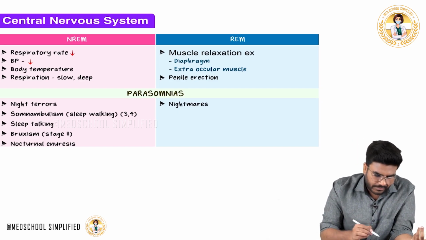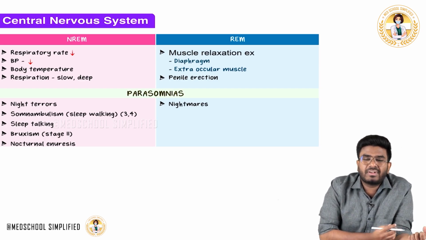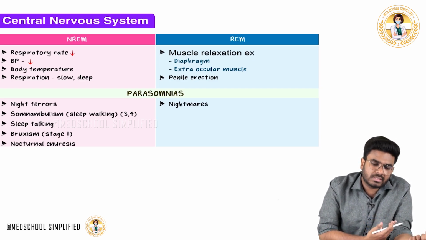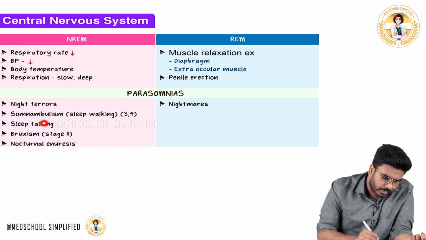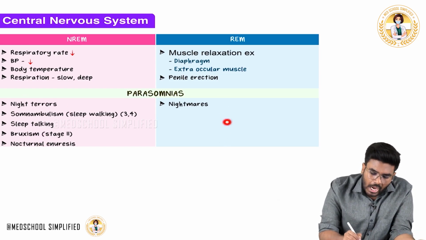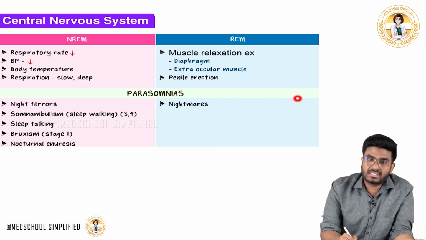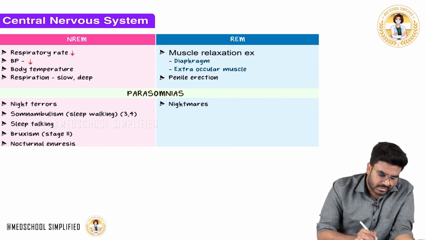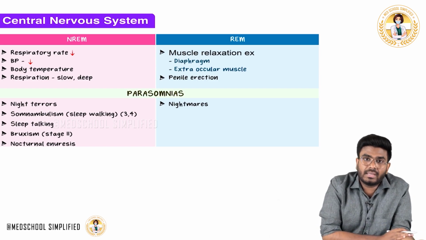For grinding the teeth, you need the masticatory muscles. All these movements are possible only in NREM because muscles are active. But in REM, all the muscles are relaxed. So these parasomnia events are not possible in REM.